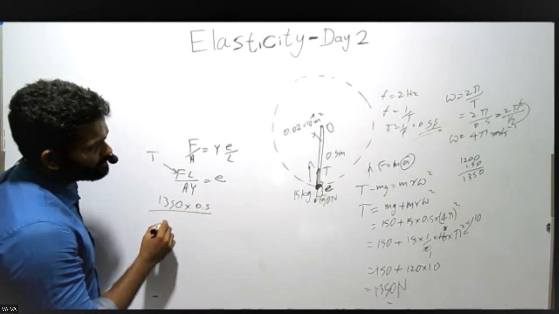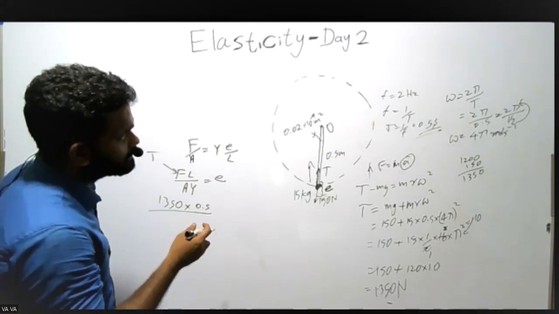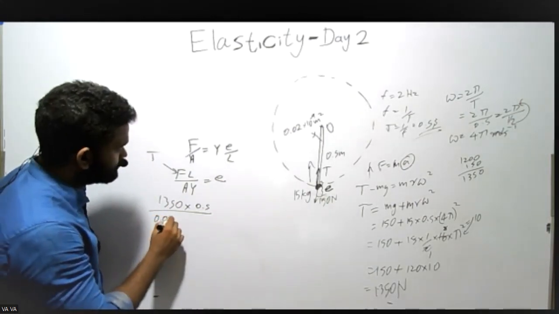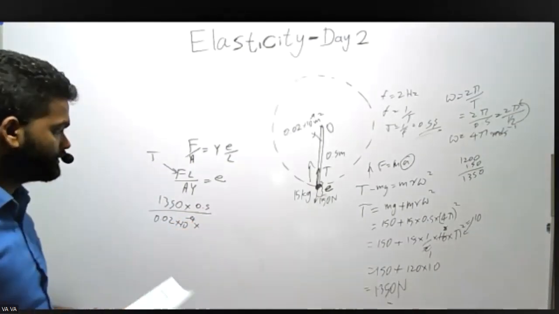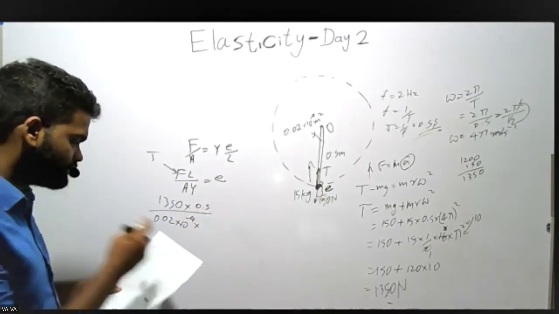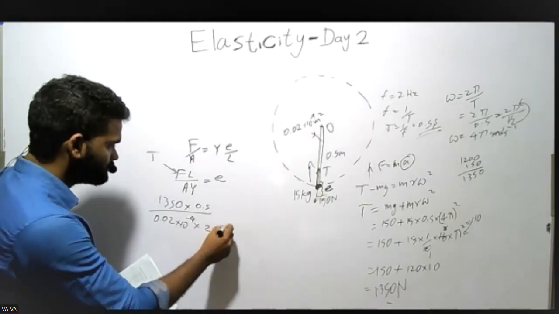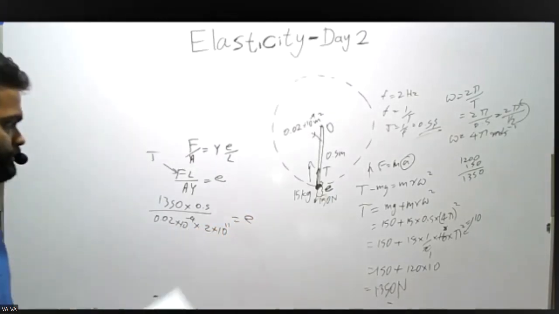Cross section is how much? 0.02 times 10 to the power minus 4. Y is given as 2 times 10 to the power 11. This much should be the answer.